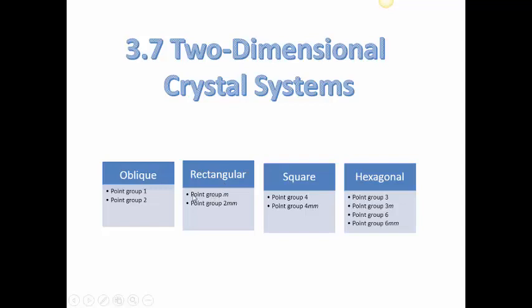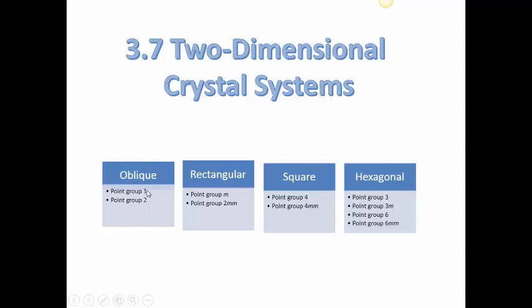And then the rectangular crystal system is 2mm. And finally the oblique group, in which the axes are oblique, that is 1 and 2.